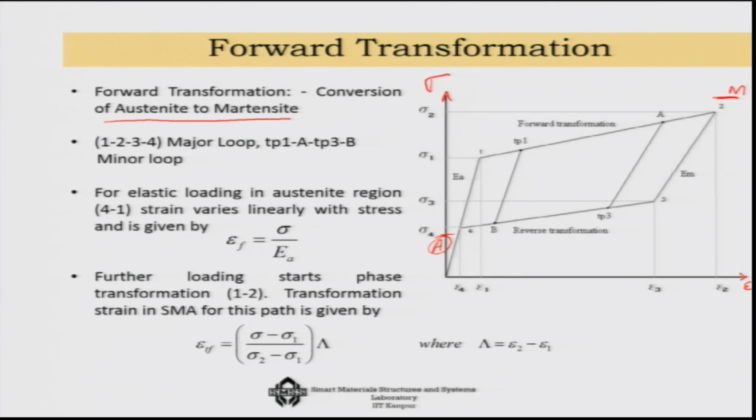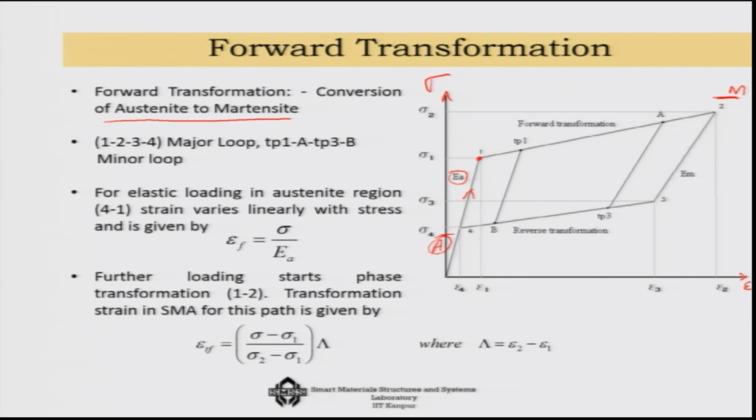Now, what will happen if you start to stress it at the austenite phase? You will see that the modulus of elasticity is E A at the austenite phase. Initially the stress strain diagram is pretty linear, it will go like this until it reaches this point 1. That is the starting point where the stress induced martensite formation will start to happen in the system.